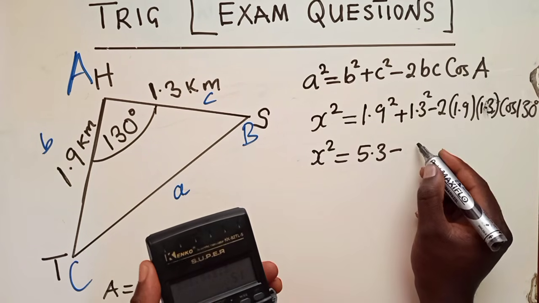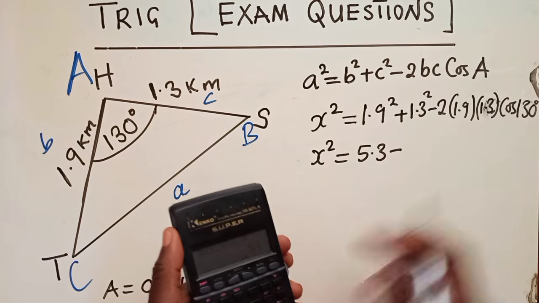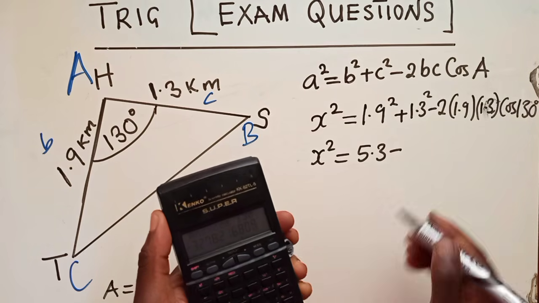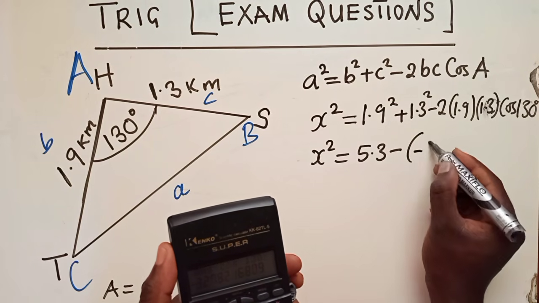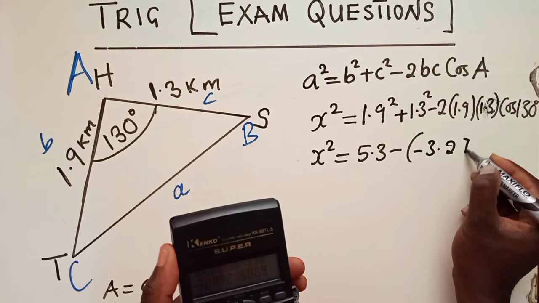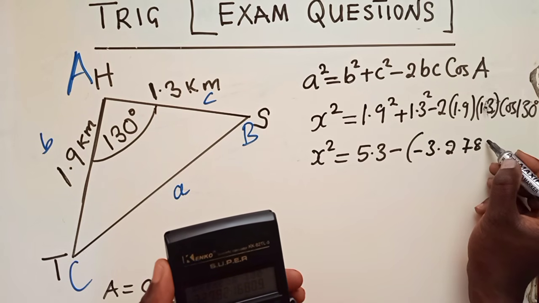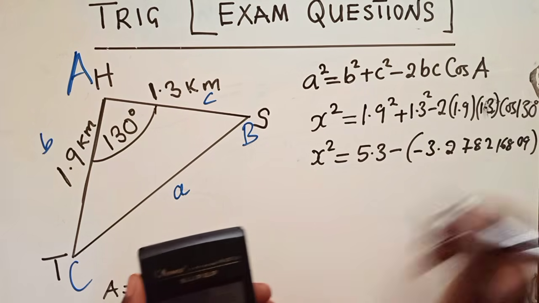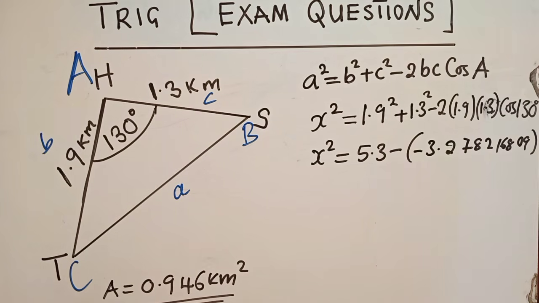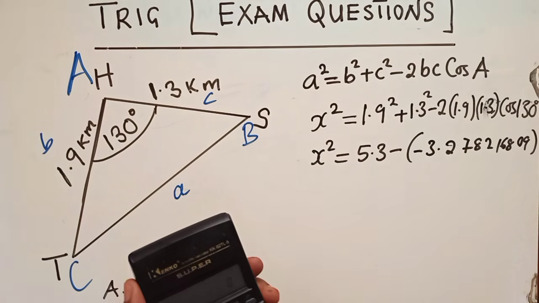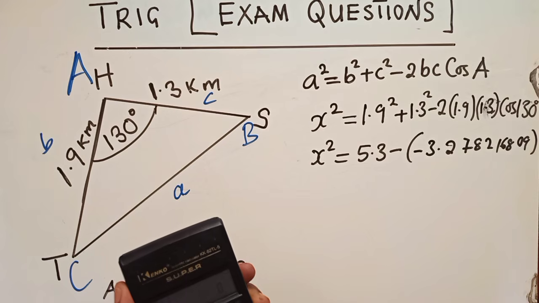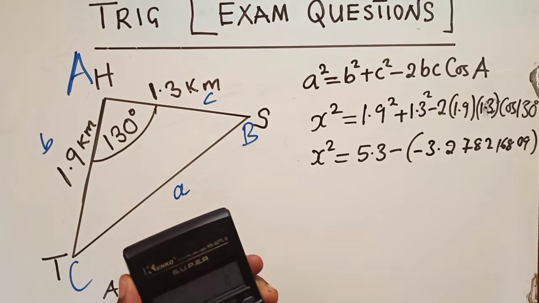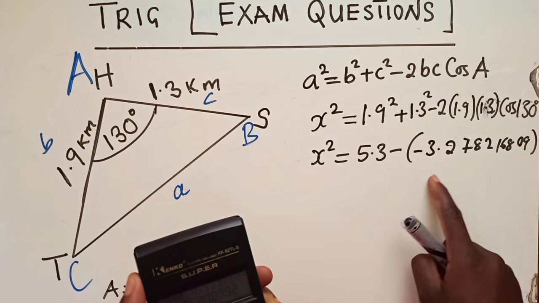I'm getting 5.1 times cos 130 degrees. I'm getting a negative 3.278216809. So this is what I am getting here. Let me just confirm if this is true. 2 times 1.9 times 1.3 times cos 130. Yeah, this is what I'm getting.